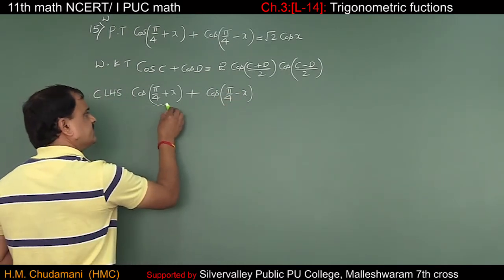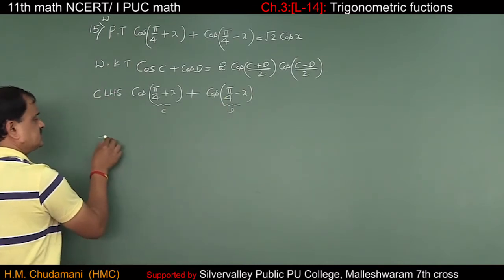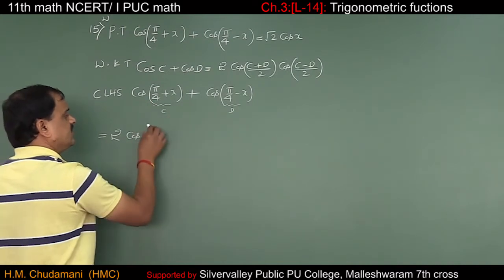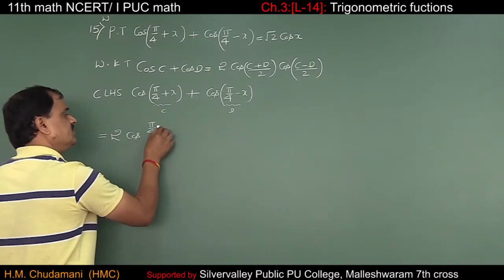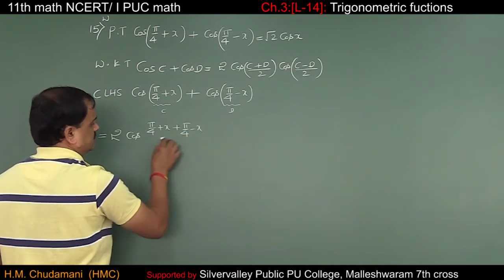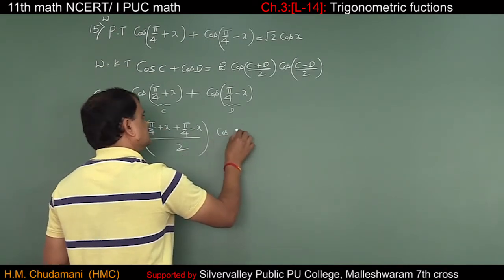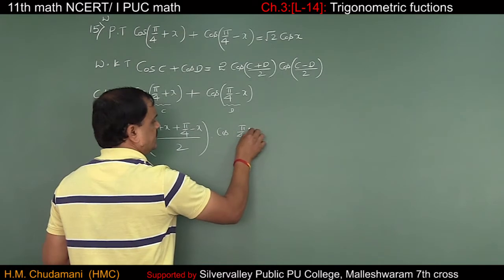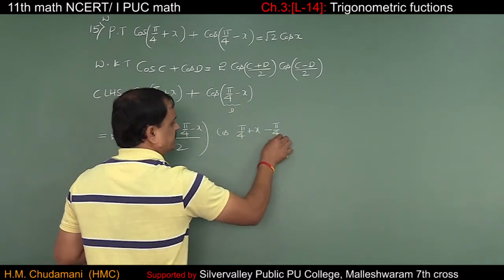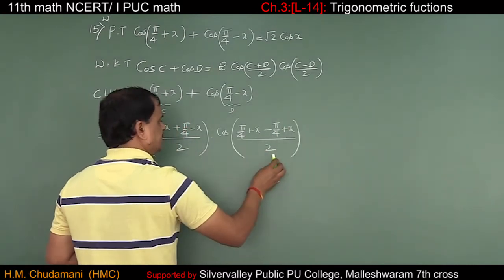This is just like c and this is d. Cos c plus cos d is 2 cos c plus d by 2 into cos c minus d by 2. C minus d means pi by 4 plus x minus pi by 4 plus x, divided by 2.